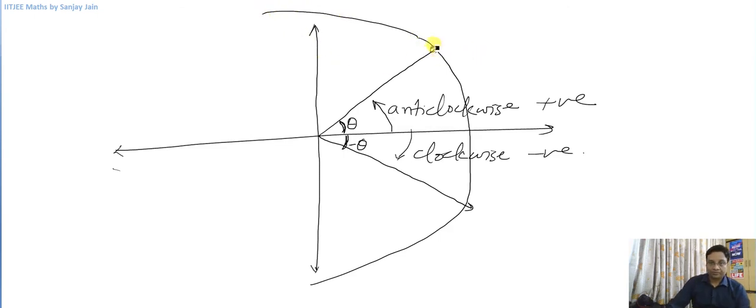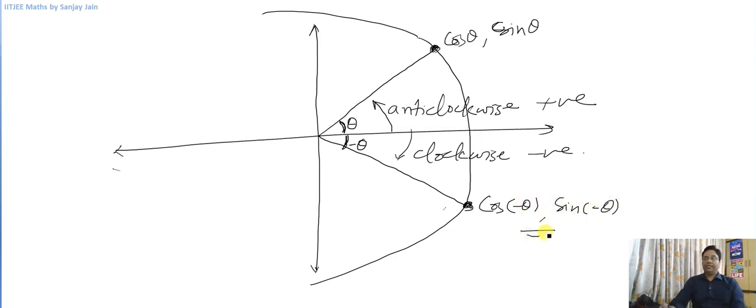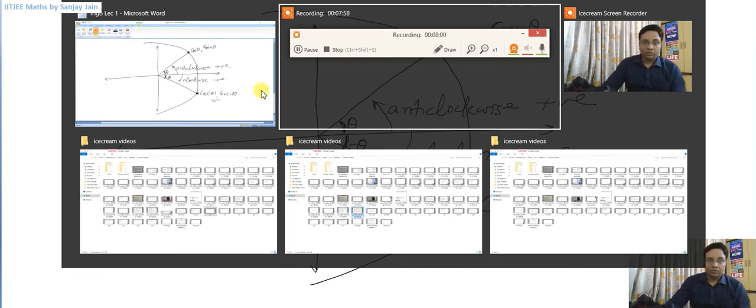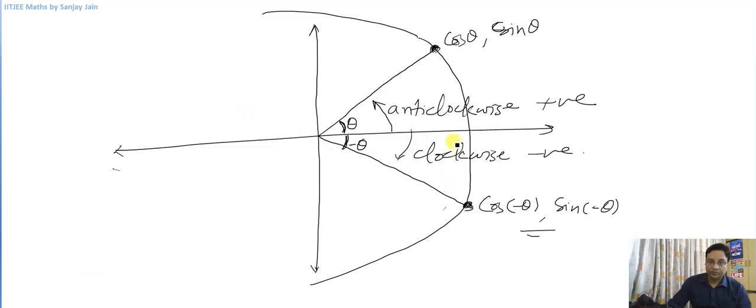So now if I make this circle once again, I know that coordinates of these points are cos theta and sine theta, and coordinates of this point are cos of minus theta comma sine of minus theta, right? But I also know that coordinates in this first quadrant are positive, that is cos is positive, sine is positive, but in this fourth quadrant, x coordinate is positive and y coordinate is negative, right?